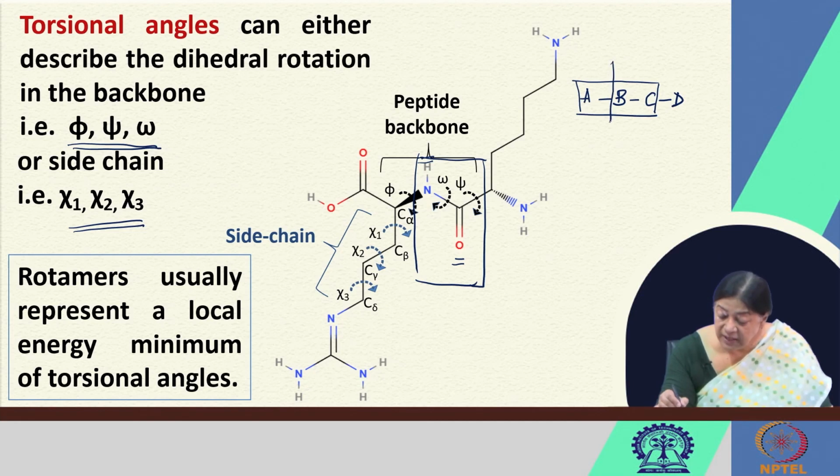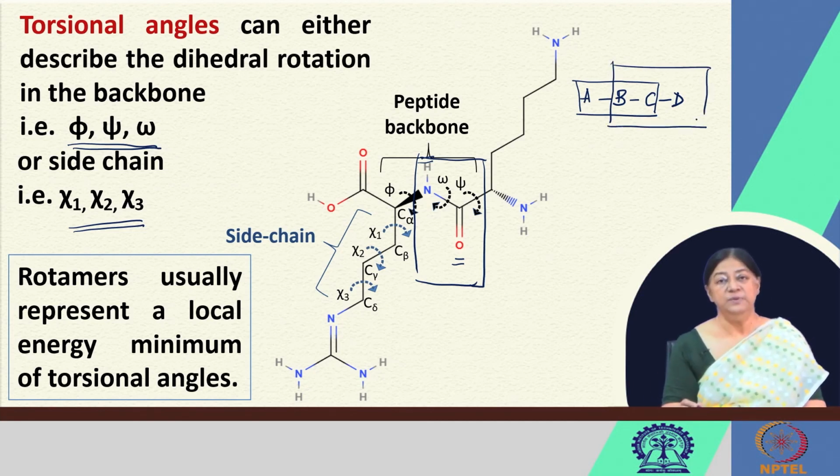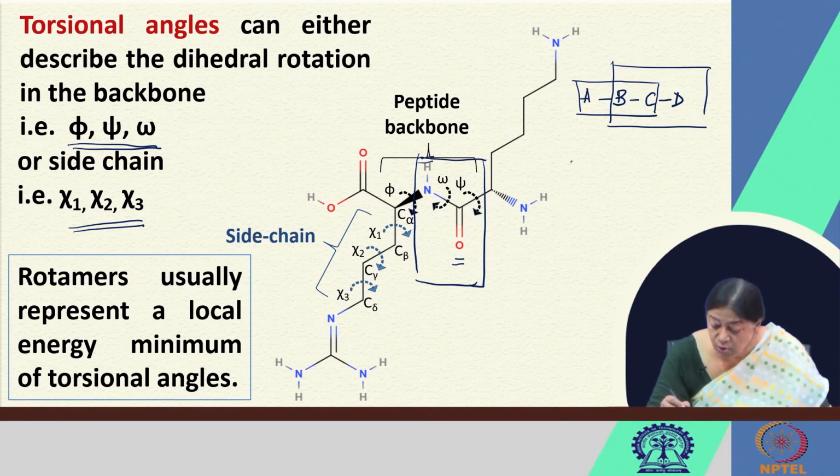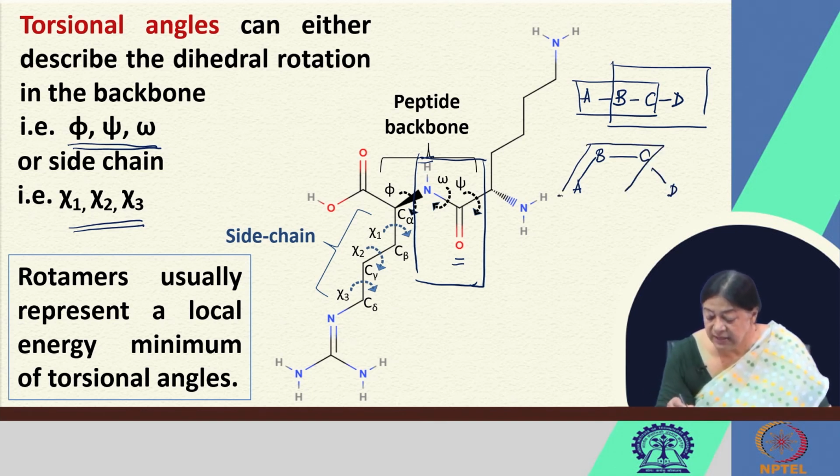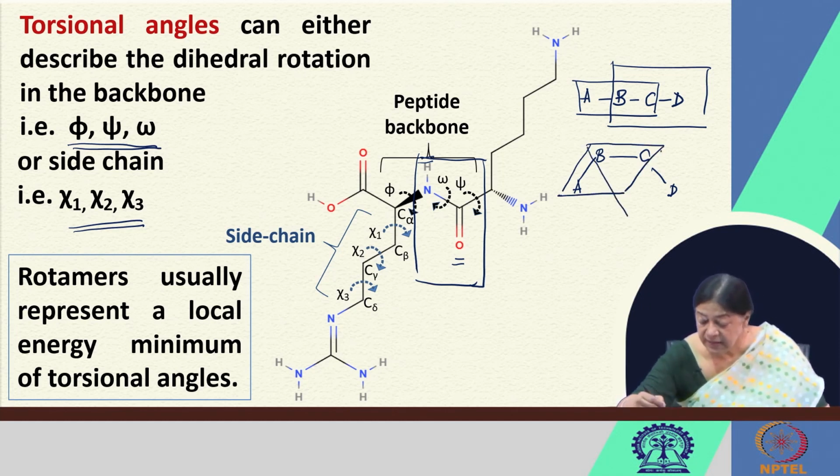I can define another plane using BCD, and the angle between these 2 planes is what we call the dihedral angle. So, if we want to look at it differently, say we have A positioned here, B, C and D. So, if I look at a plane that comprises A, B, C, and I look at another plane that comprises B, C, D.